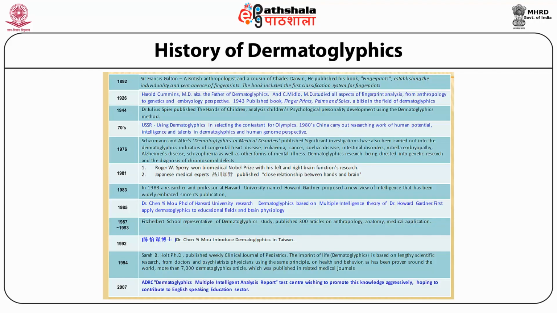Then we also see in 1976 Schaumann and Alter's Dermatoglyphics in Medical Disorders published.